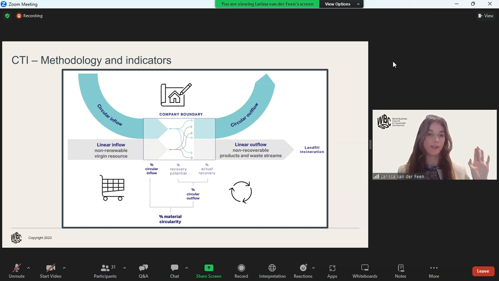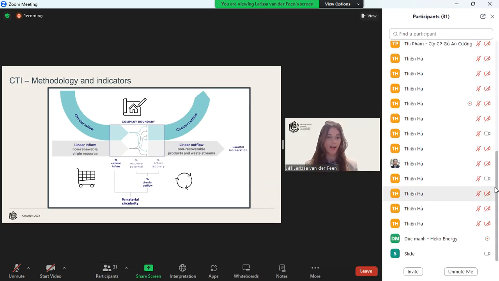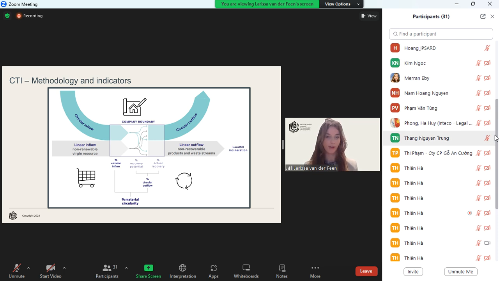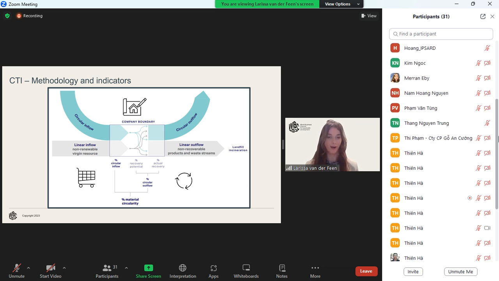On the inflow side, we aim for the companies to increase their percentage of secondary materials that they procure. So have more reused content, more recycled content in their products. Maybe today they only use 2% recycled content in, for instance, metals, but as a target, they can say, I want to increase the percentage of circular inflow and make sure that at least 30% of all the materials that I buy for my products are circular.